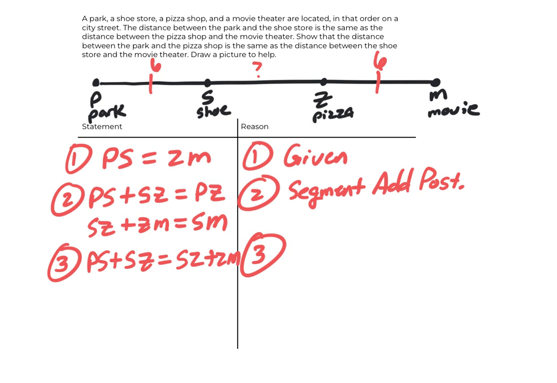What do you think we would say there? It's a little bit tricky here, right? We can't necessarily say transitive because we don't know that for sure. Transitive would have to have something in common. So what we're really doing is combining like terms, because SZ is a common piece.